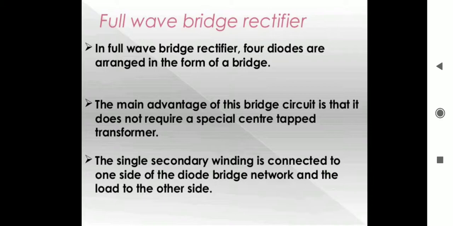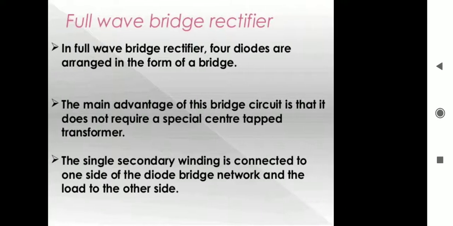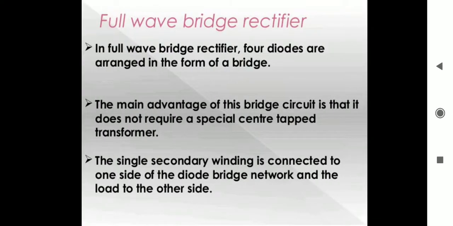So in simple words, again we will discuss the definition of the full wave rectifier. Full wave rectifier consists of two types: one is the center tap full wave rectifier and another is the full wave bridge rectifier.